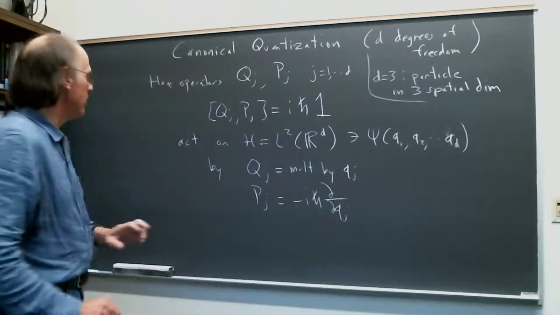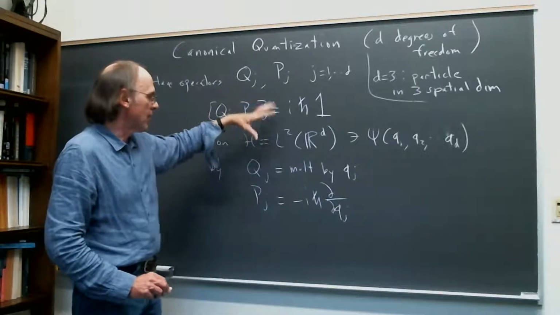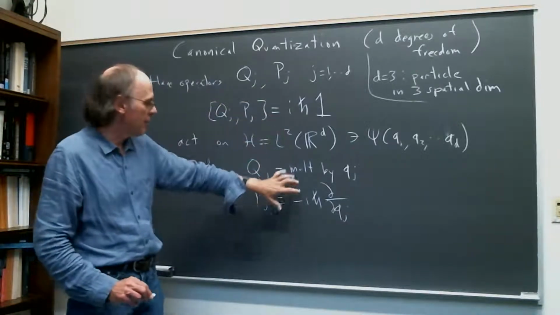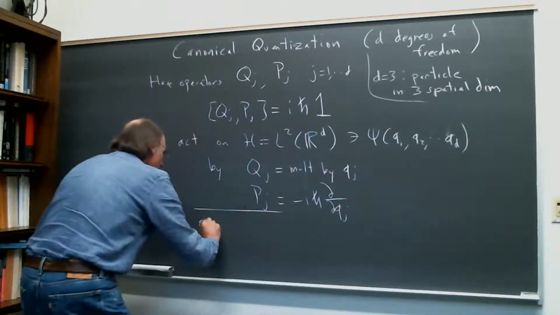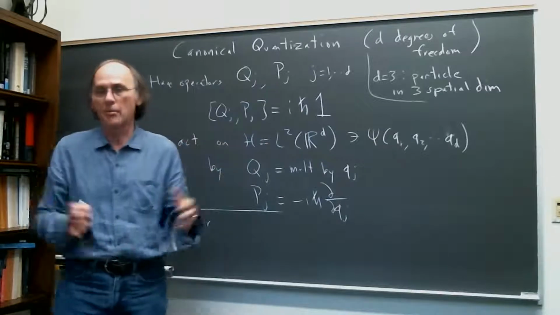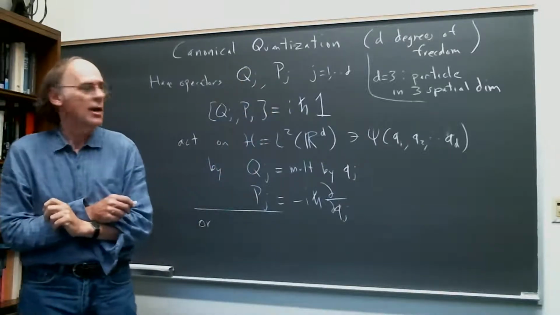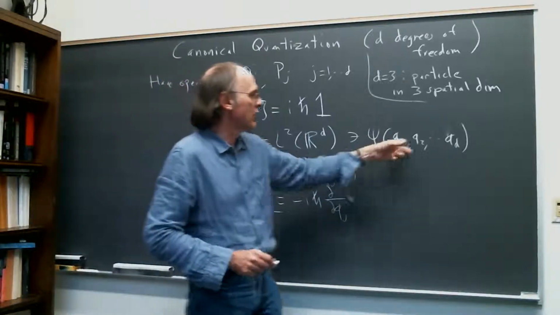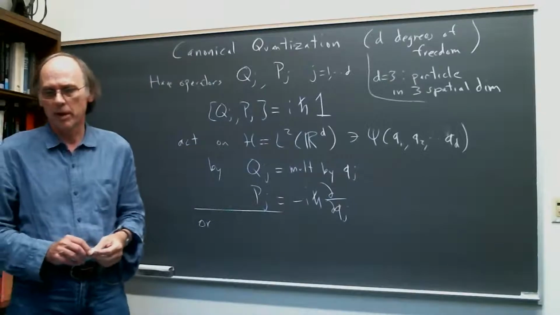But the thing that should make you think that there's something a little more abstract going on is that there's another completely equivalent package of information, which is what happens if you Fourier transform. Instead of looking at functions of q, you look at functions of the momentum variables p.